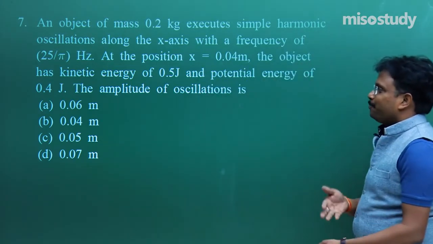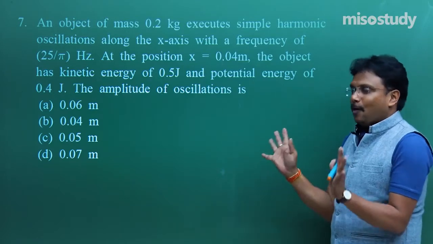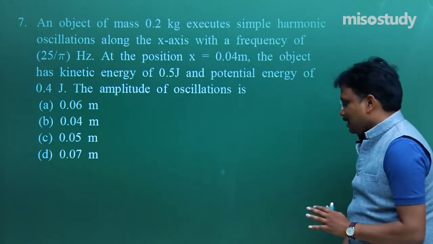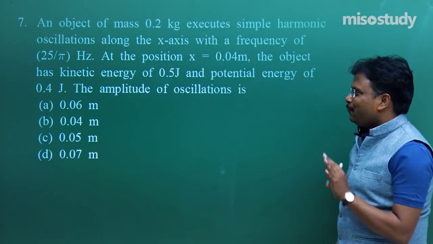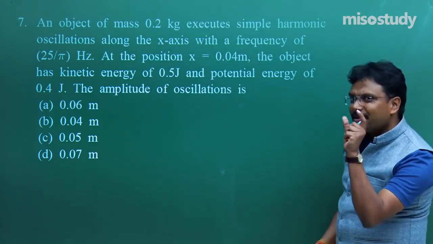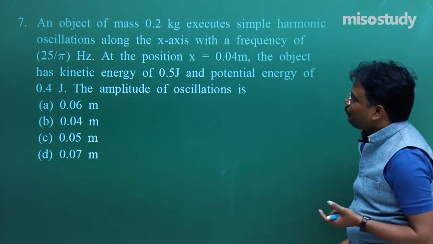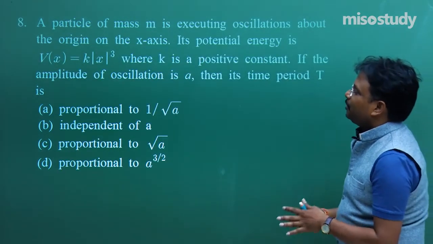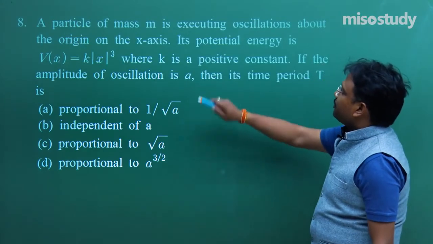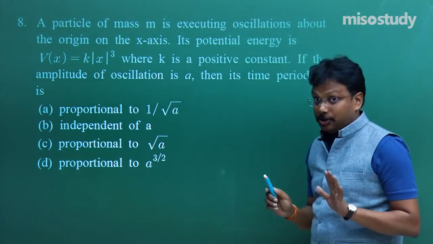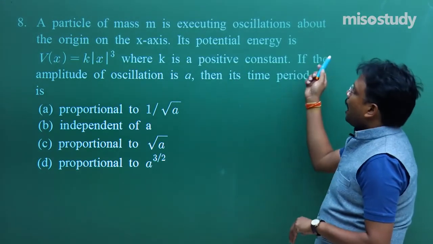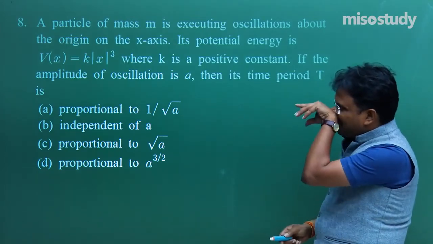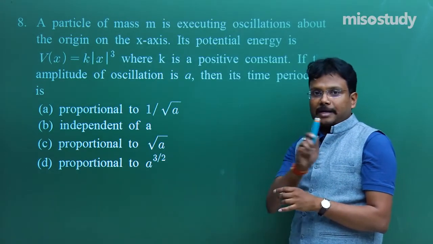and I hope this question which is now about to come on your screen will definitely force you to think slightly differently. Okay, what exactly is that? Please don't worry, stay with me. A particle of mass m is executing oscillations about the origin on the x-axis in this fashion.